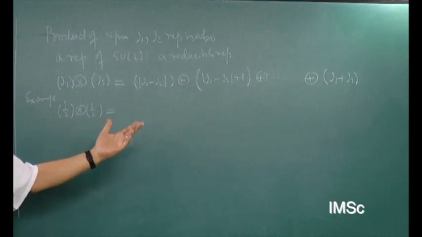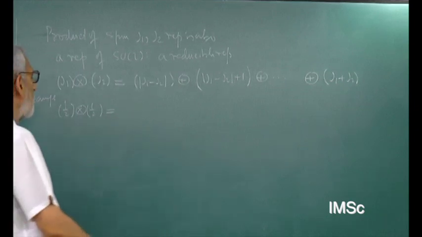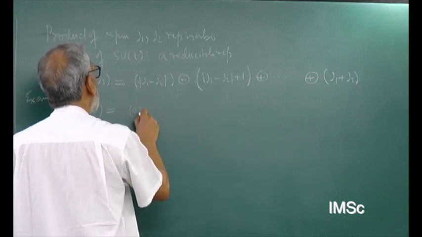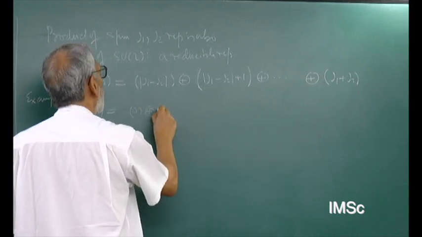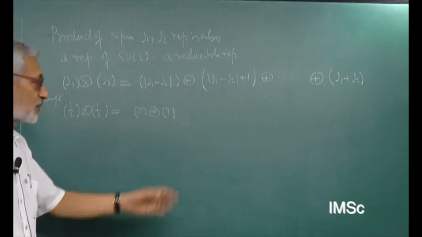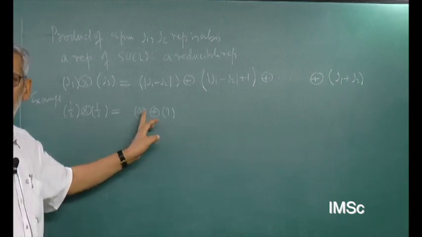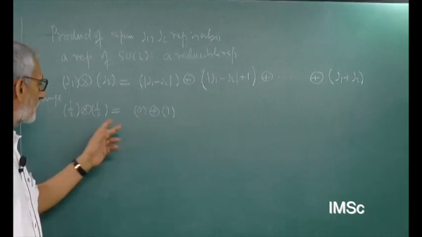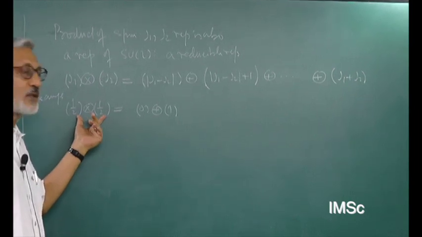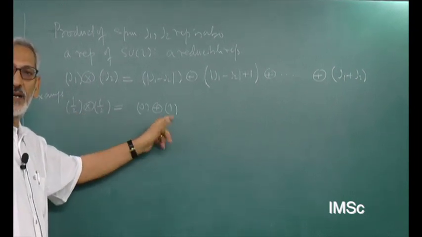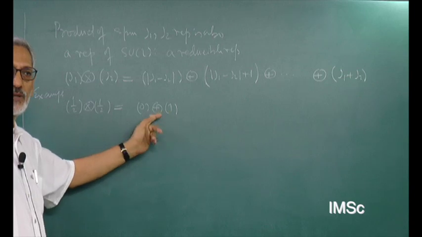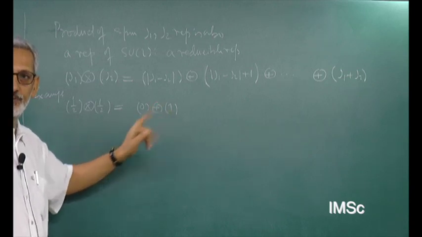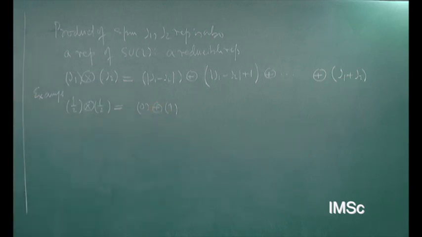These 4 independent components will break into irreducible forms corresponding to a singlet and a spin 1 representation. Spin 1 has 3 components, spin 0 has 1 component. So that's how the product of two spin half representations breaks into irreducible representations of a singlet and a triplet, spin 0 and spin 1. We'll use this elementary rule in constructing supersymmetry finally. In fact, we will not use much more than this elementary rule.